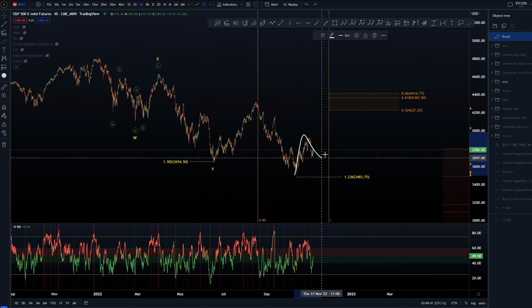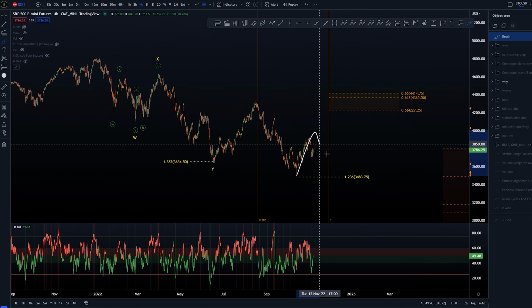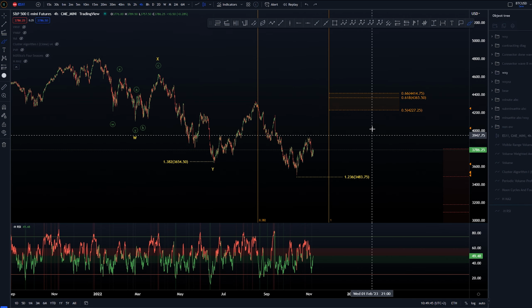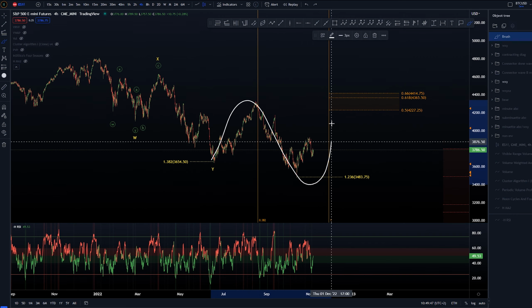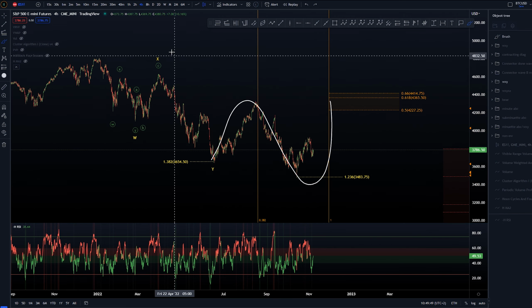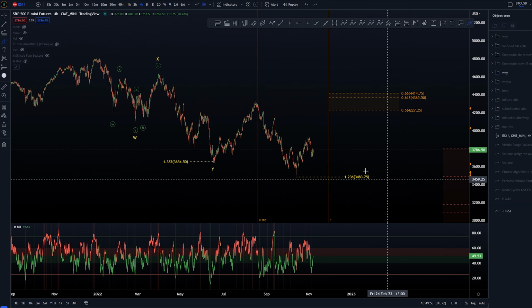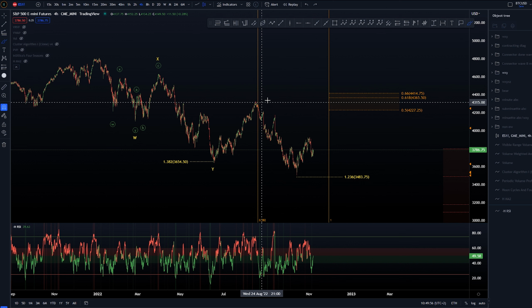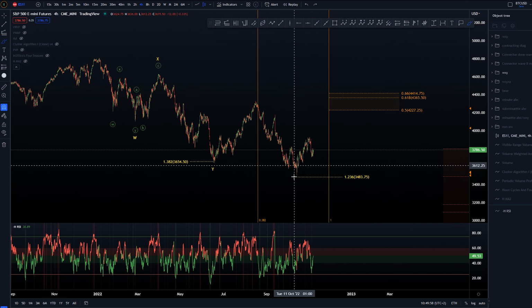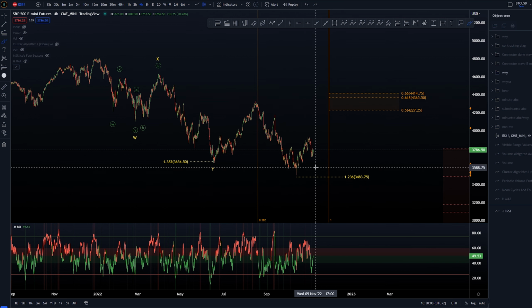Whether we get a structure like this or a five-way structure, we don't know yet, but the idea is a three-way structure connecting the original move to the next. Both of these are saying that we are going to get new lows on SP500, so that is the main idea here.